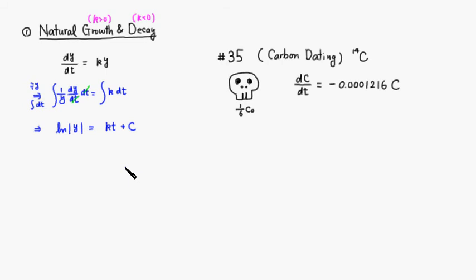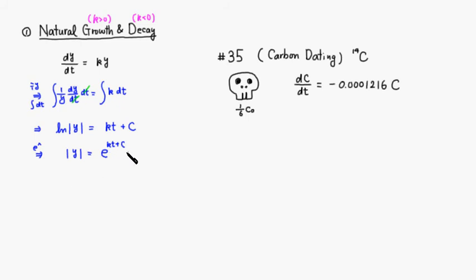Then we can just raise e to both sides, so that we can isolate y. The e and the natural log cancel out, so you have the absolute value of y equal to e to the (kt plus c).